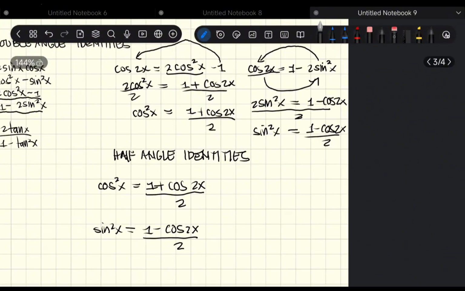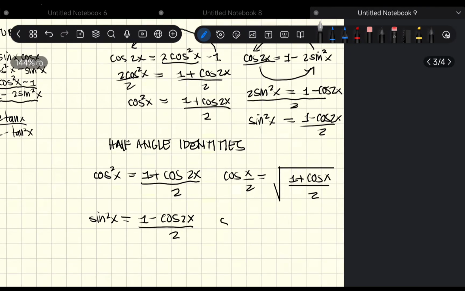Also cosine x all over 2 is equal to square root of 1 plus cosine x all over 2. For sine x over 2, that is square root of 1 minus cosine x all over 2.